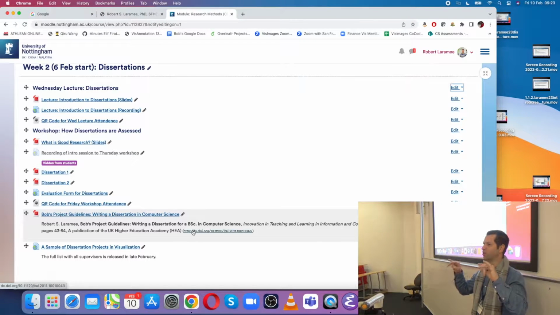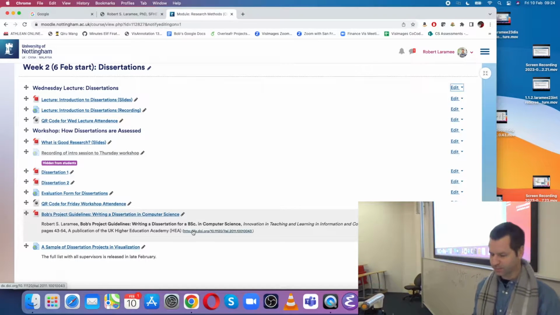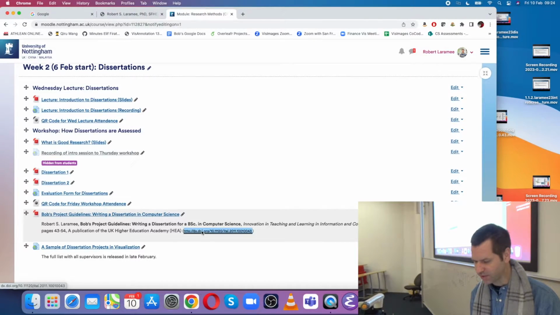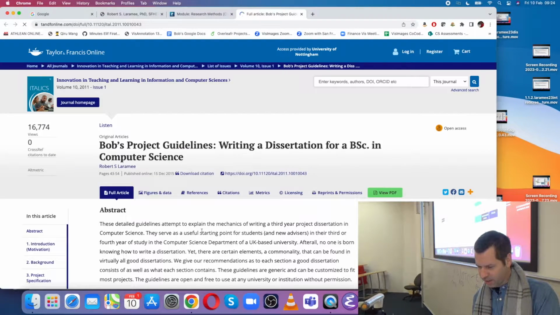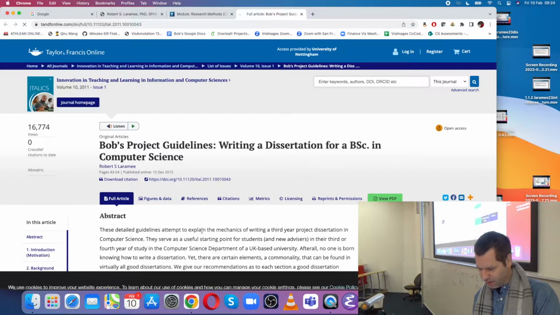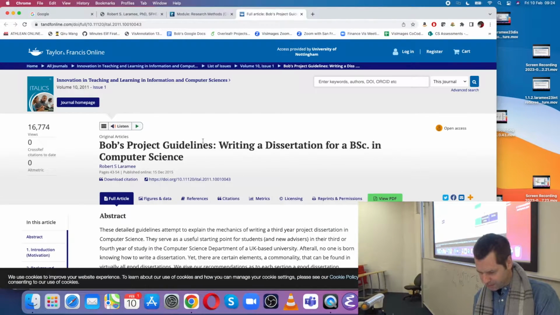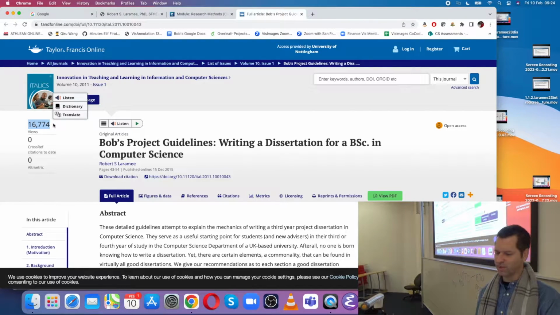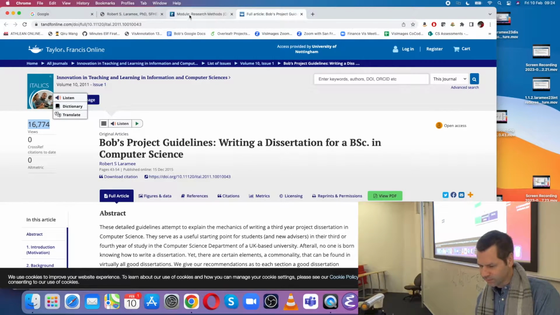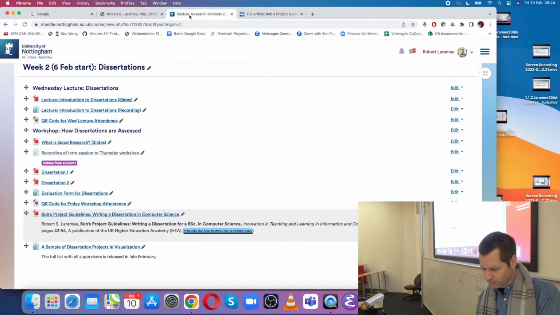If two people are looking at a document and they want to be sure they have the same version, you can use the DOI to make sure. Right, and you can click on the DOI, and then you can find the actual version. And look, it has 16,000 views. So it gets views and downloads.